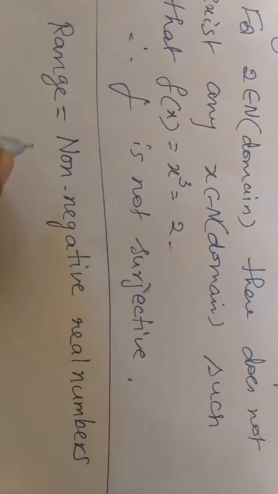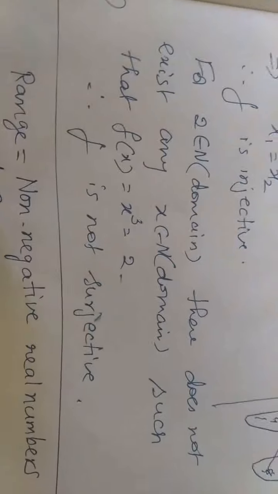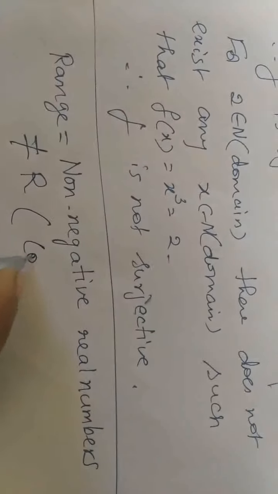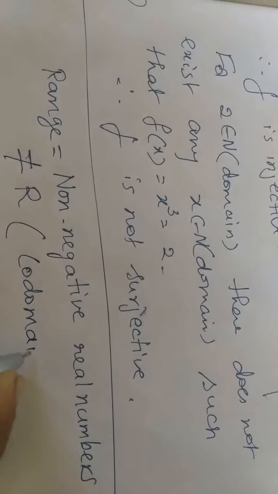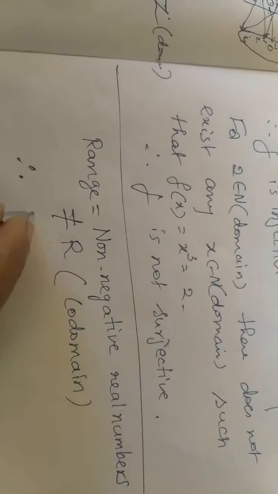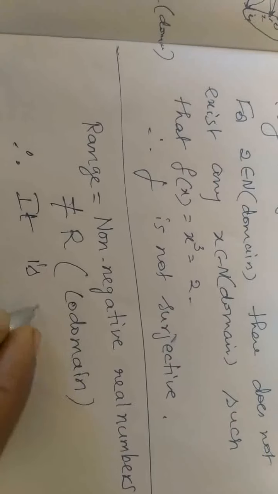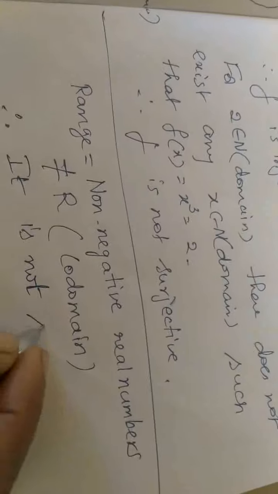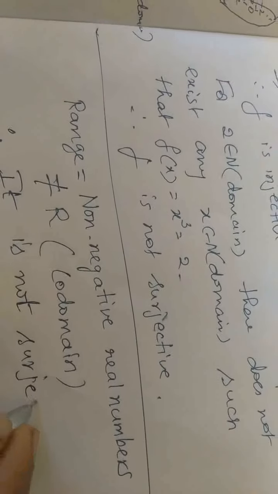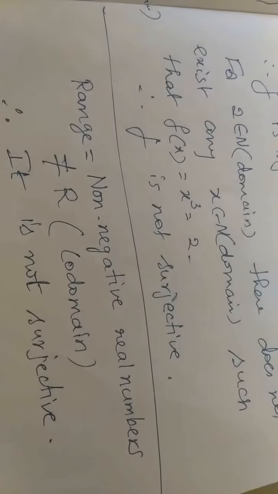Non-negative real numbers is not equal to R; here R means your codomain. Therefore, it is not surjective, or not onto. You can follow this method also.